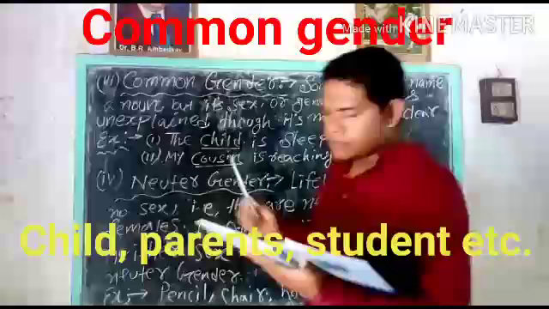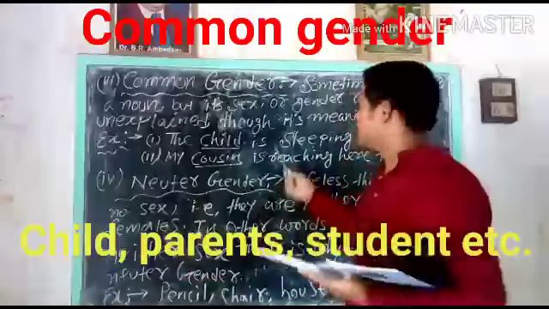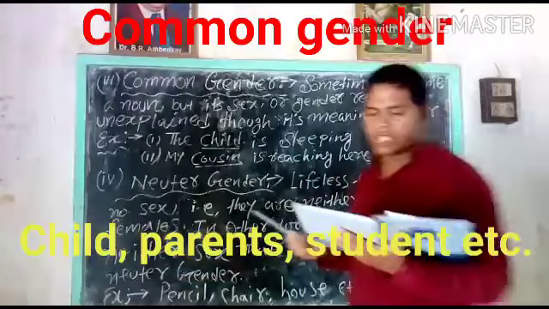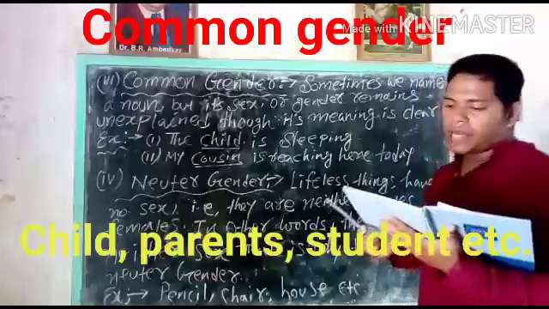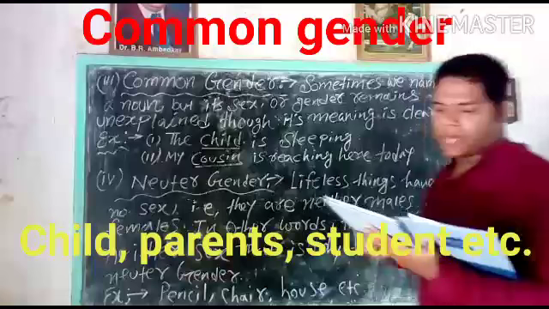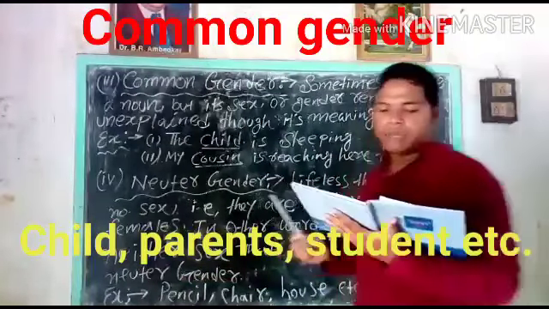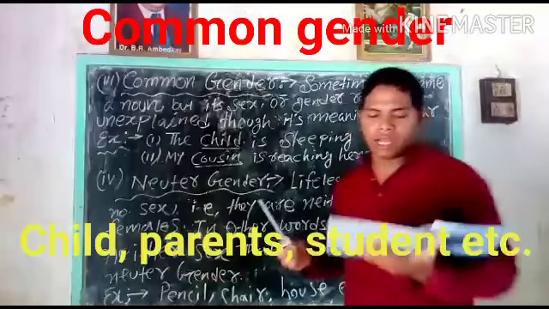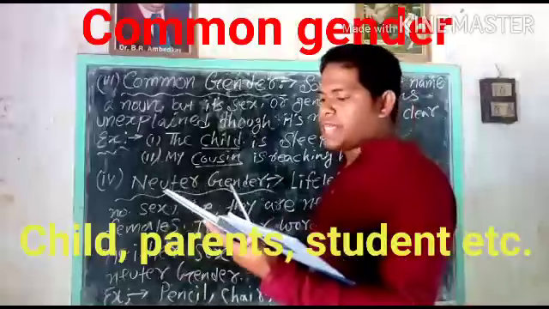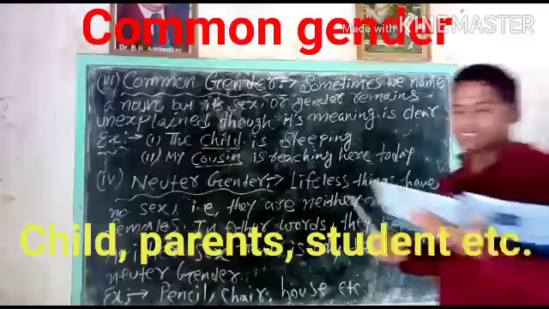In these sentences, nouns like child and cousin are clear as far as their meanings are concerned, but their gender is not clear at all. A child can be a boy or a girl. Similarly, the cousin can be a man or a woman. Such nouns are common to both the sexes.